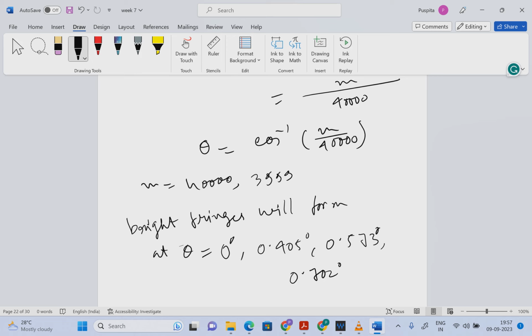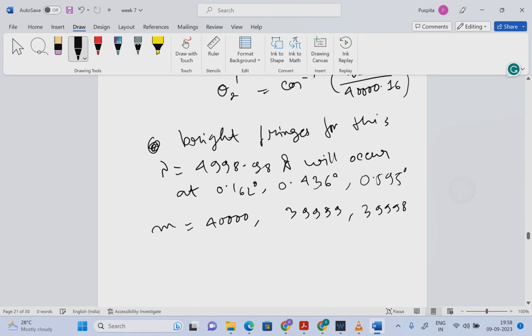But we need angles from 0 degree. So we need to put m equal to 40,000 first. That will correspond to 0 degree. 39,999 will correspond to 0.405. 39,998 corresponds to 0.563 and so on.